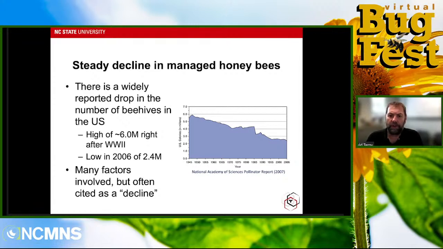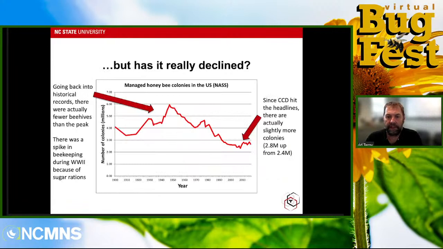But nonetheless, looking at this decline over time, they're saying, oh, there's a decline in the number of managed bees, and as a result, eventually they're going to go extinct. Well, there's a couple of things that are not completely accurate about that. If we go back before World War II, we see that the number of beehives was in fact lower, going back to the turn of the last century.